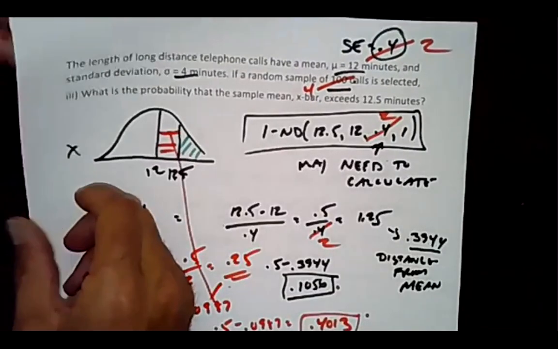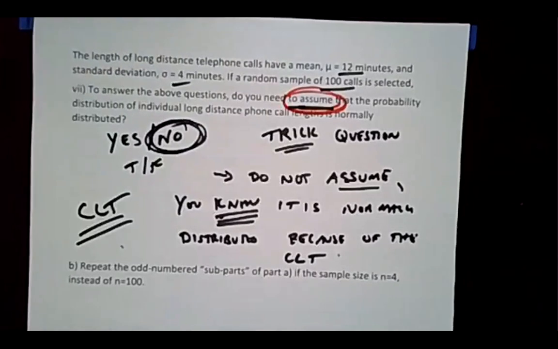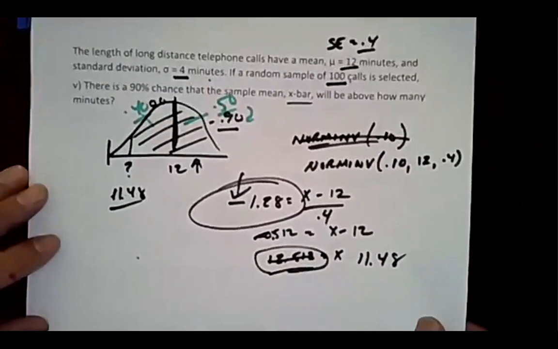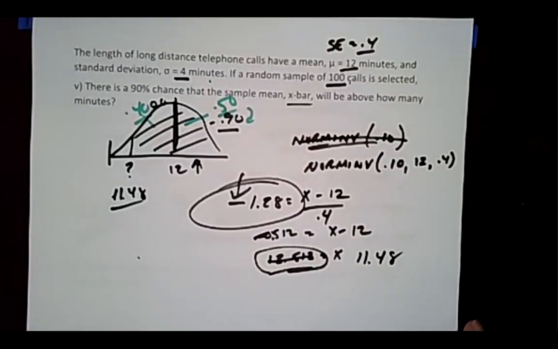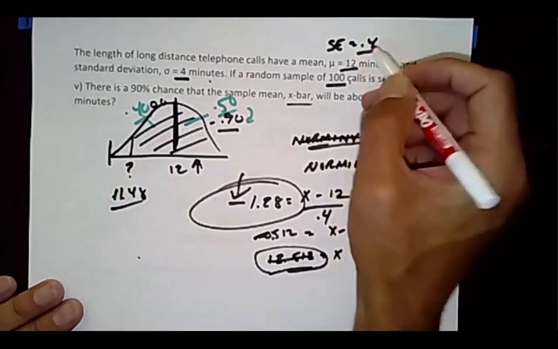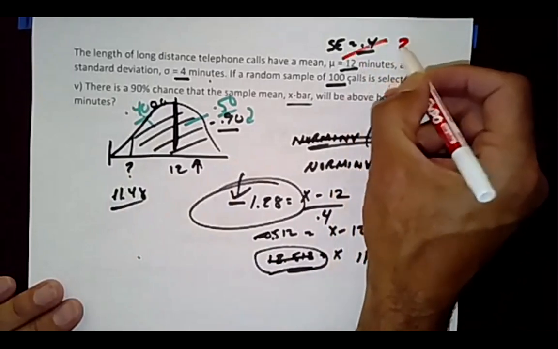Part 5, or part B. Okay. So again, same thing, 90%. In this one, again, the standard error changes from 0.4 to 2.